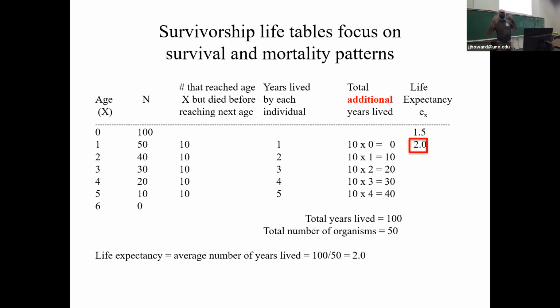Okay, and some of you are saying, how is that even possible? It's not possible because life expectancy can't get higher, can it? Actually, it can. If you look at this population, you'll see that most of the death occurs between 0 and 1. So if you live to be 1, you have a lower probability of dying in each of the succeeding years.